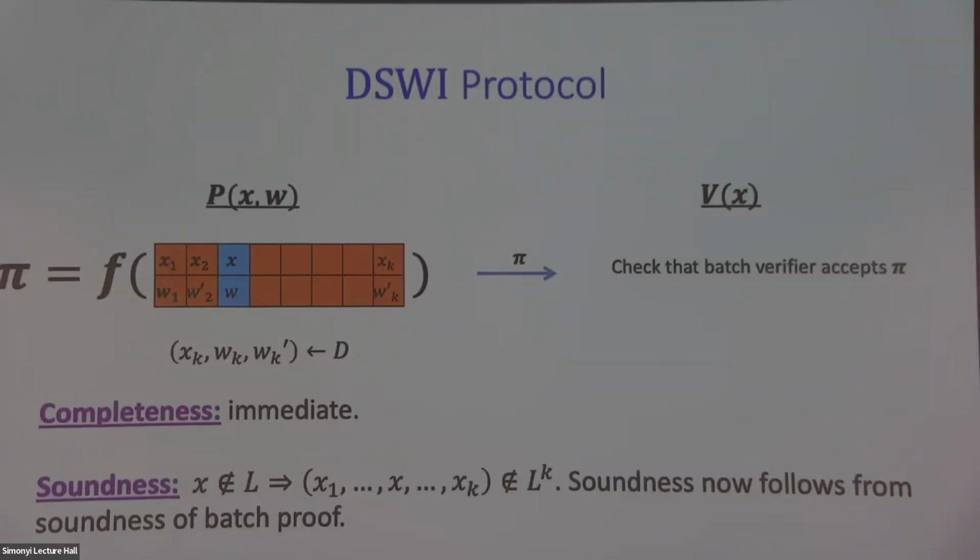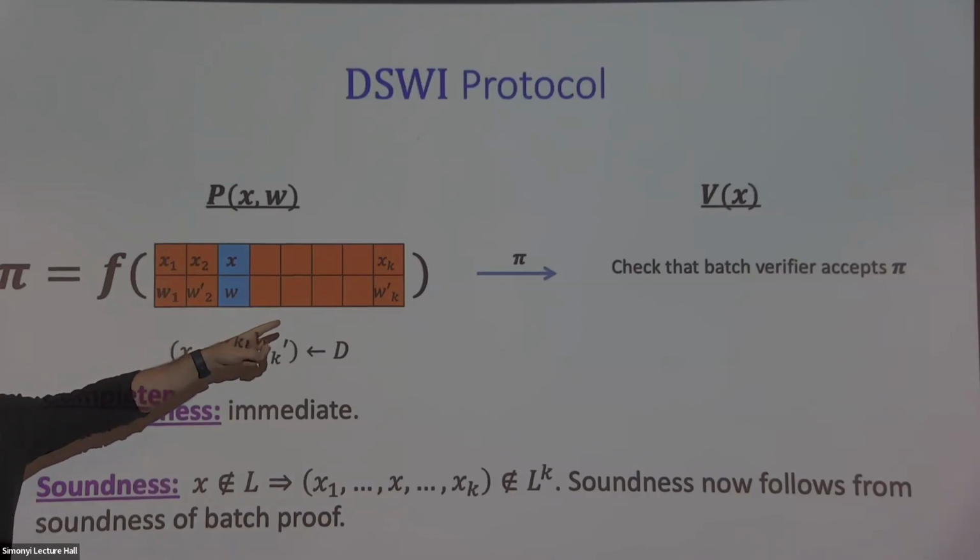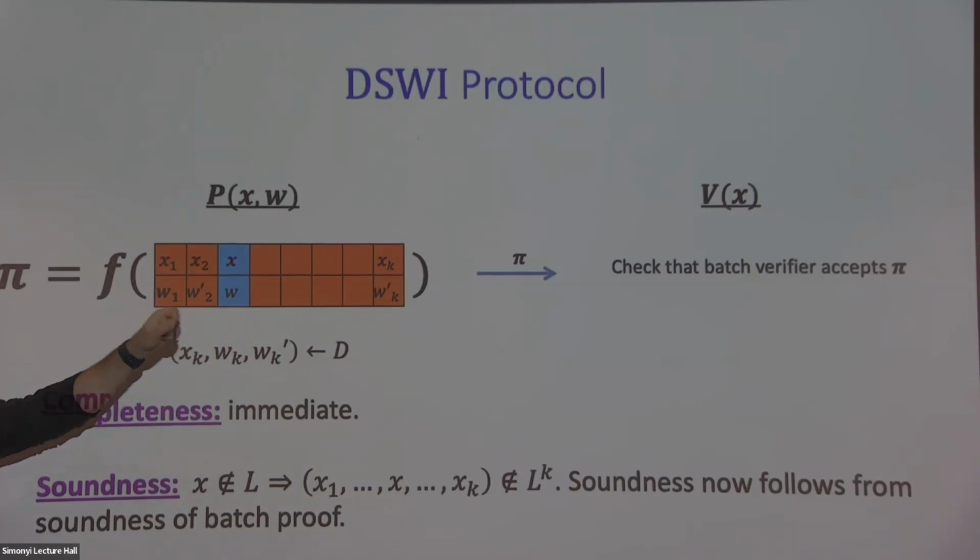But you're not using that the batch verification is polylog K. I'm using that the length of the proof is short, and the length of the proof contains the X.